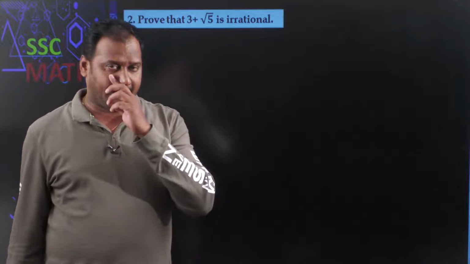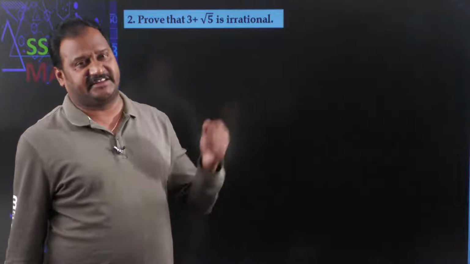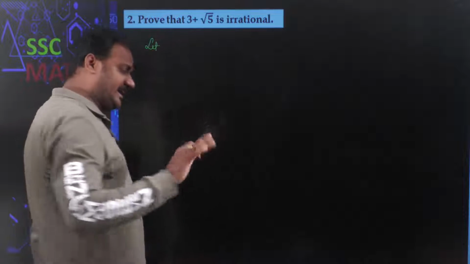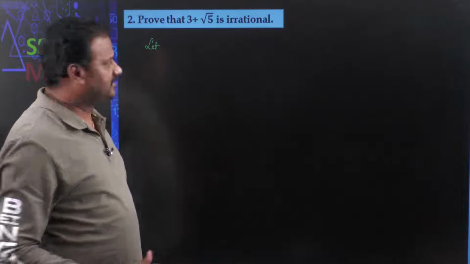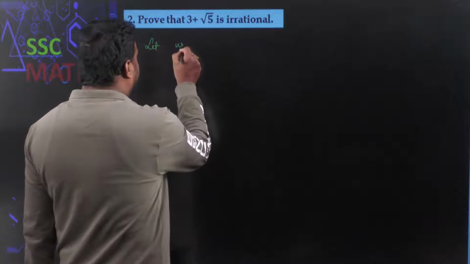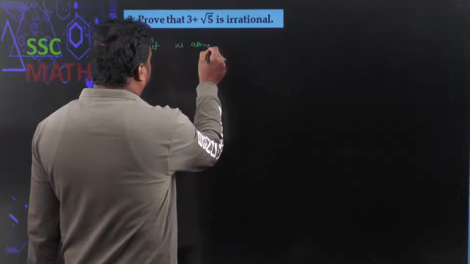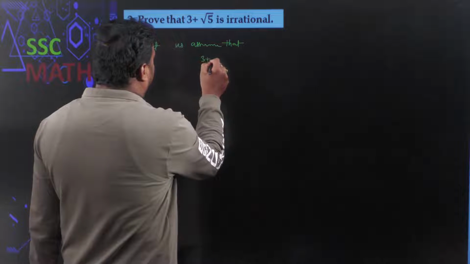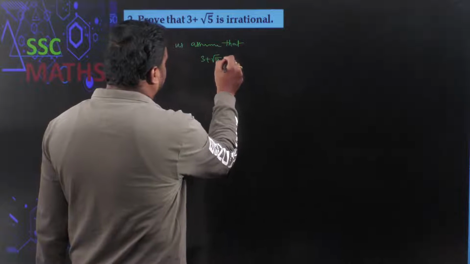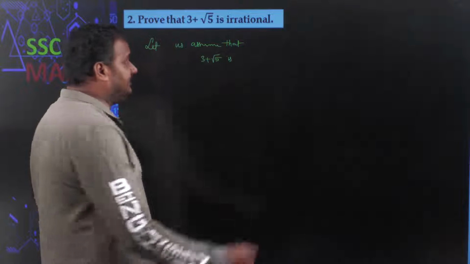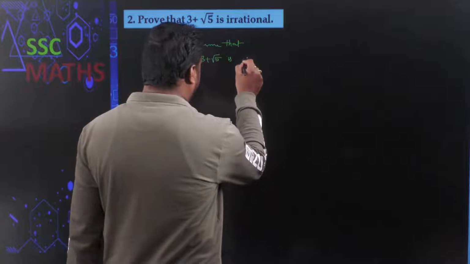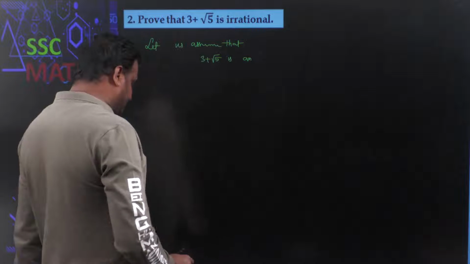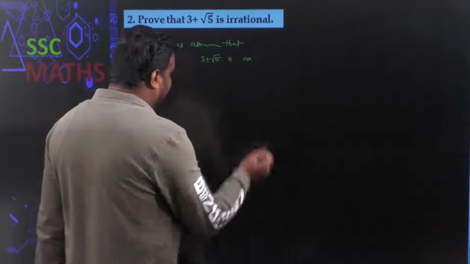That is one way. The other way suggested in the textbook is, again by the indirect method of proof, let us assume that 3 plus root 5 is a rational number, because that is our assumption.